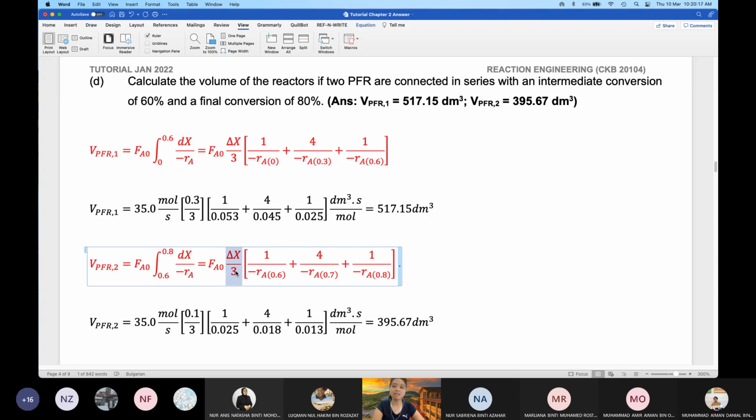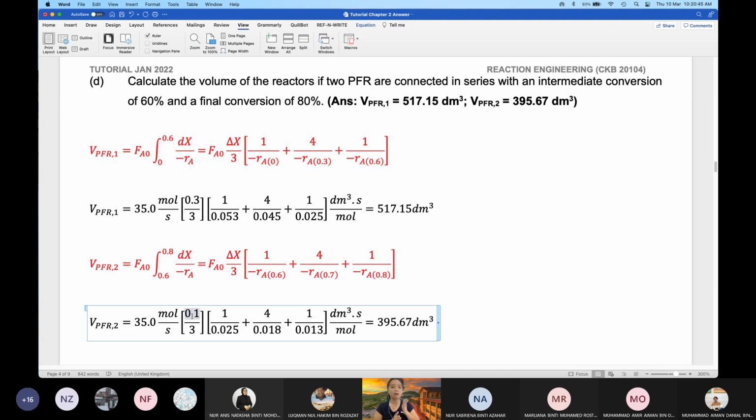So delta X, the gap or the difference, from 0.6 to 0.7 is 0.1. At the back, 0.7 to 0.8, the delta X is also 0.1. That's why delta X is 0.1. This is the part students always make mistakes when finding delta X. That's why I have to keep repeating it.